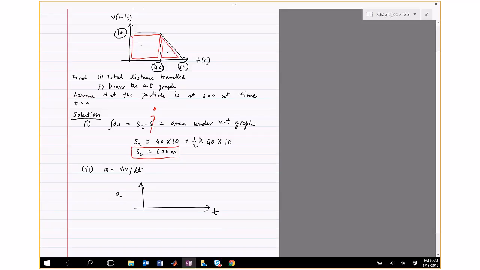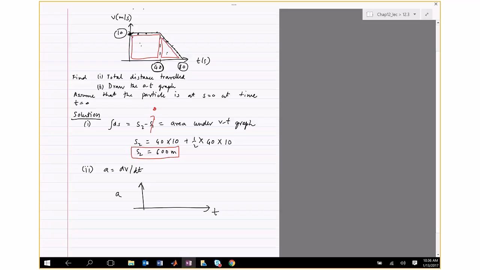Acceleration is dv/dt. So what is dv/dt over here? I'll try to find dv/dt for a bunch of points. This point, this point, this point, this point. If I can find dv/dt for all those points, then I can draw the acceleration time graph and I'll be done.